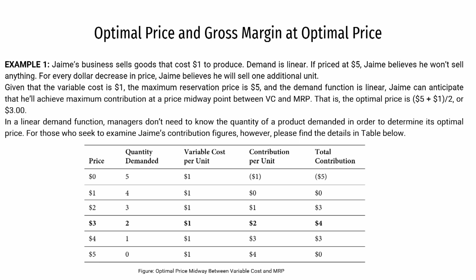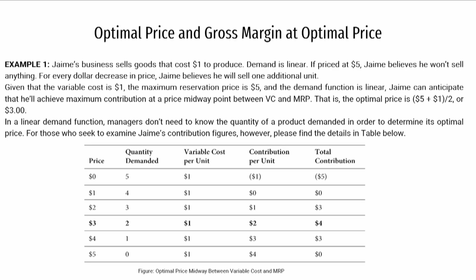So, at $0, if the price is 0, the maximum quantity demanded was 5. Then variable cost was 1, contribution was minus 1 and total contribution was minus 5. At $1, there is no loss, no profit, quantity demanded 4. At $2, quantity demanded is 3 and so on.